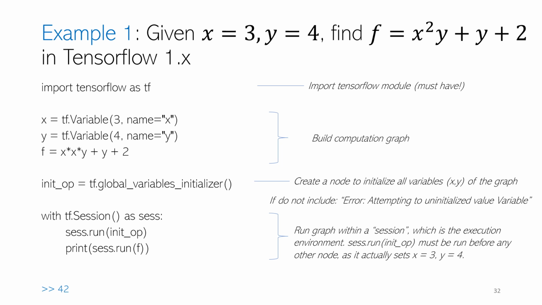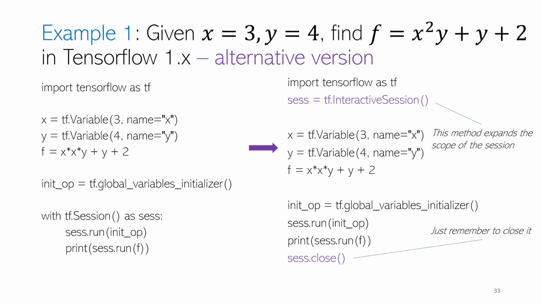For example, here, what we are doing is that we first run this initializer operator, then we can have access to the value of f using sess.run(f). There is an alternative version here that you can create a session, an interactive session, at the beginning of your code.